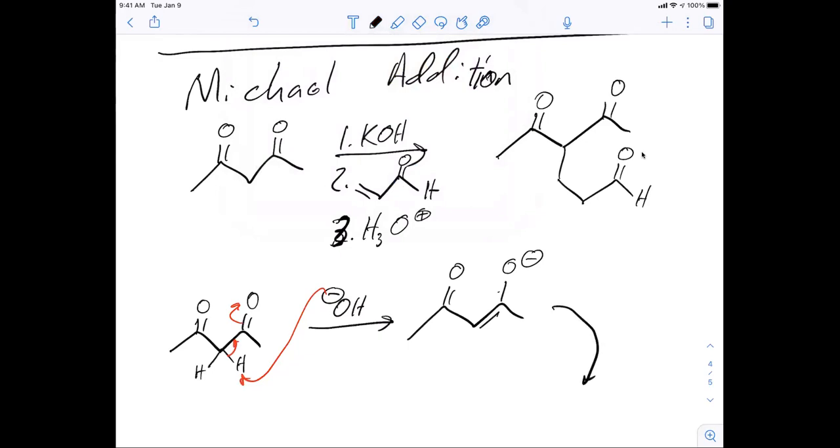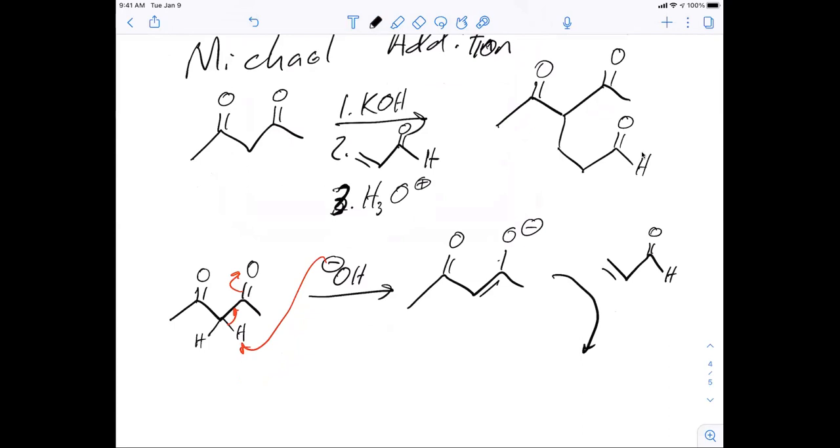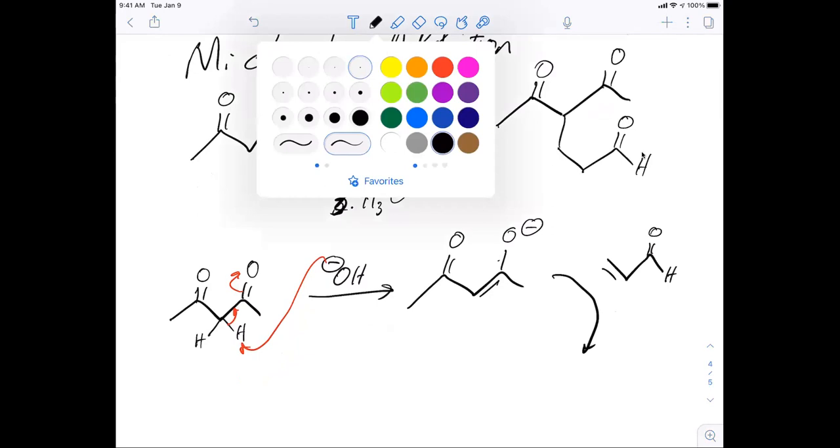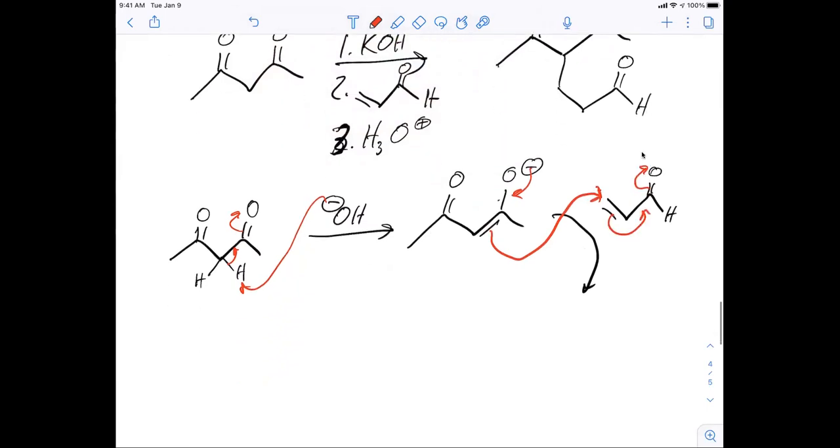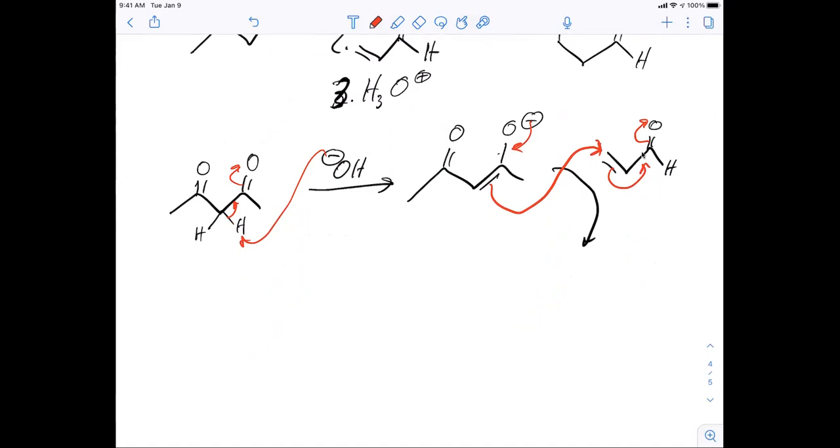Then I bring in my alpha beta unsaturated. Now this would normally react direct if it wasn't alpha beta, but if it is alpha beta, it's going to prefer the beta position. Again, because of the delocalization and this kind of soft nucleophile process. So let's draw that out. So we've reformed that carbonyl.